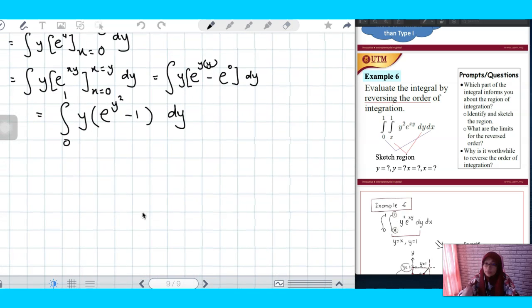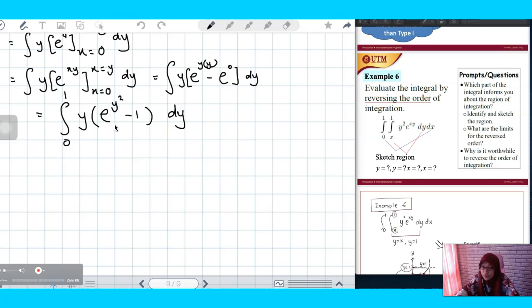Next, there is a function in a function, but you can see that this one has the exponential of y squared, and you have y here. It looks like you can use substitution.